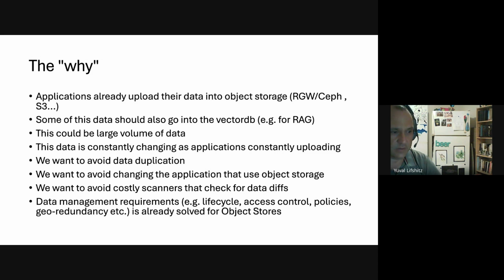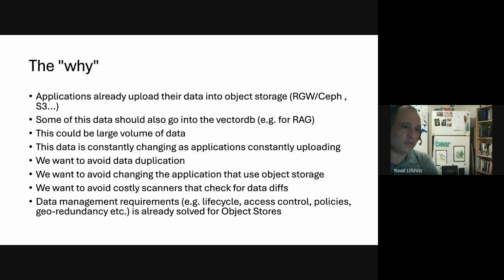And also, because data keeps on changing, writing scanners to check what is the new data being uploaded, and taking this data and putting it into the VectorDB is very costly. RGW or any object store already has data management features built into it.